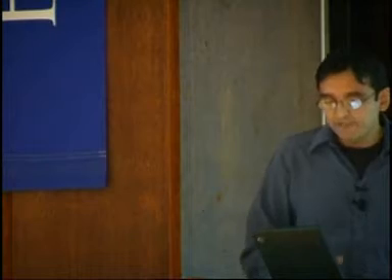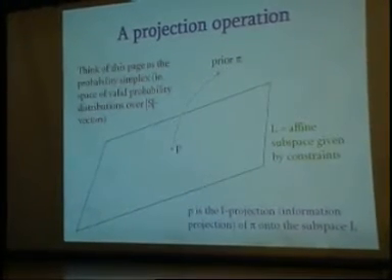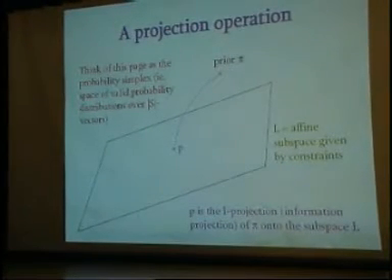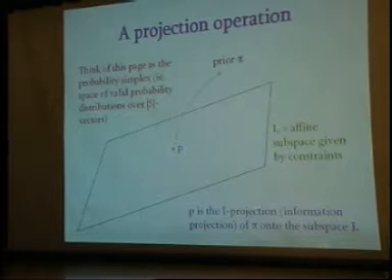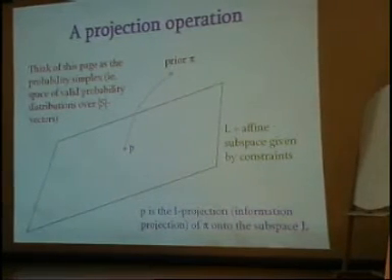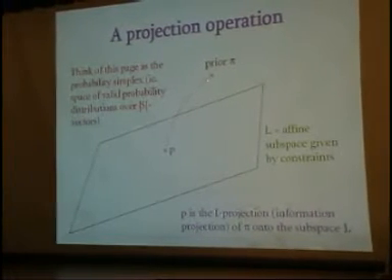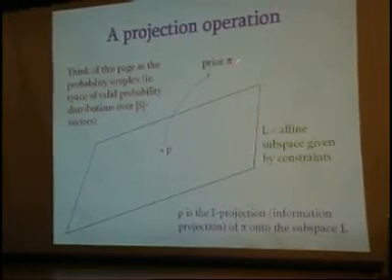So one nice way to visualize the problem is to see it as a projection. Think of this whole board as being the simplex of probability distributions. So what is the simplex of probability distributions? It's all valid vectors. I'm looking at vectors of length 50,000. Look at the set of all valid vectors, in other words, all vectors of length 50,000 that add up to 1 and are non-negative. Let's call that the whole board. Now, I have some vector over here, which is my prior distribution, pi.